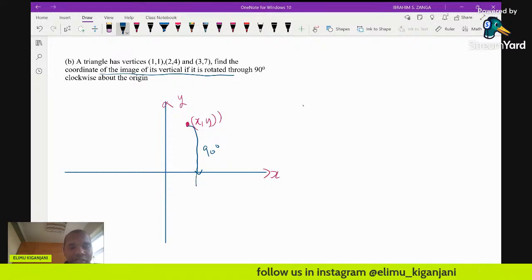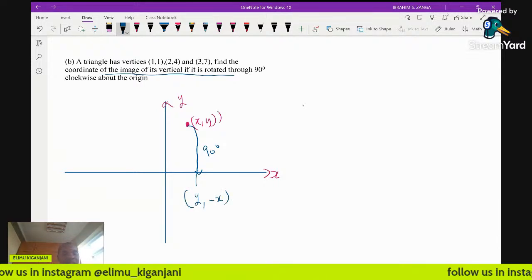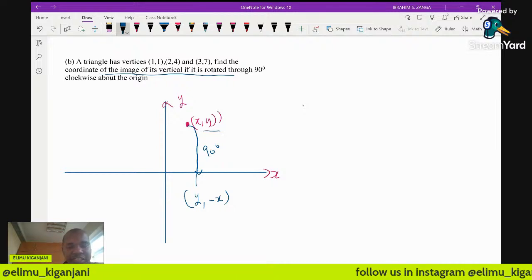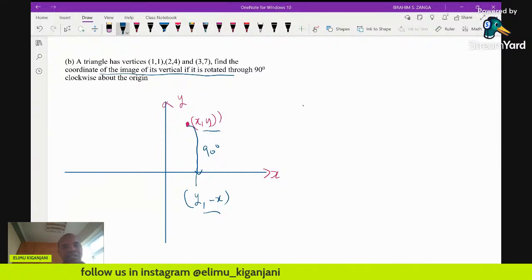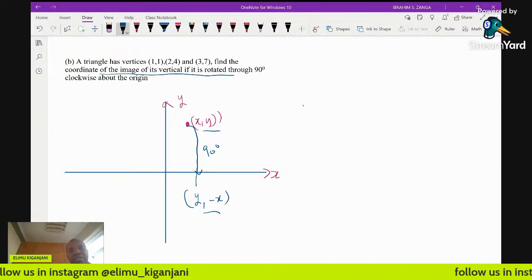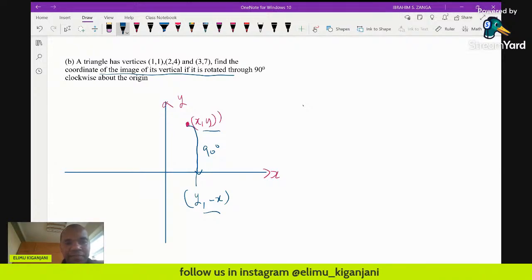We are going to have (y, negative x). So the first step, interchange x and y. Then make the new y value the negative value.